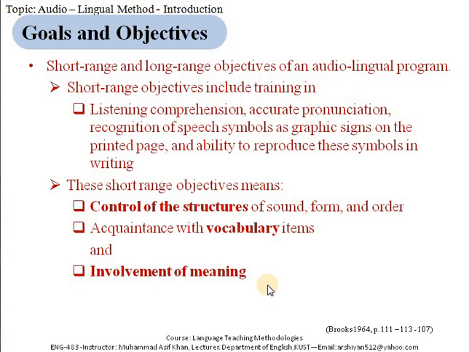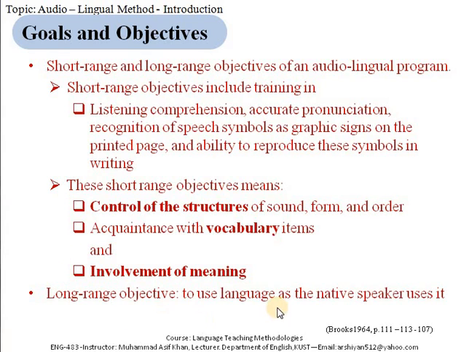So we are connecting the meaning factor to these verbal symbols. So initially we practice the control of the structures, then we add vocabulary, and then we add the meanings to this vocabulary. When we study the long-term objectives, the objective is to use language as native speakers use it.